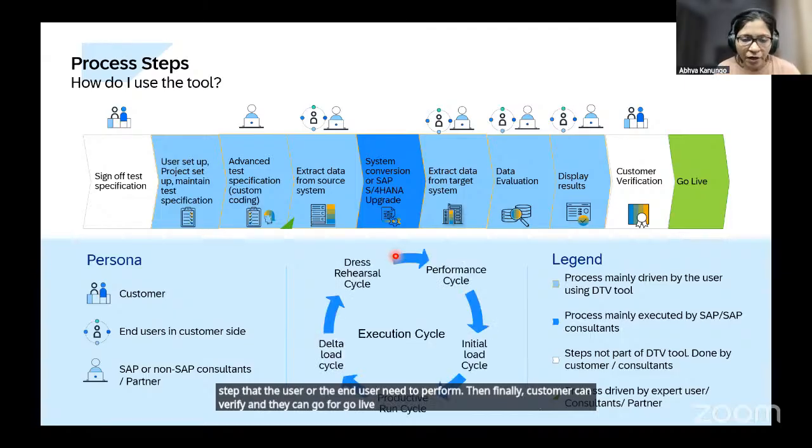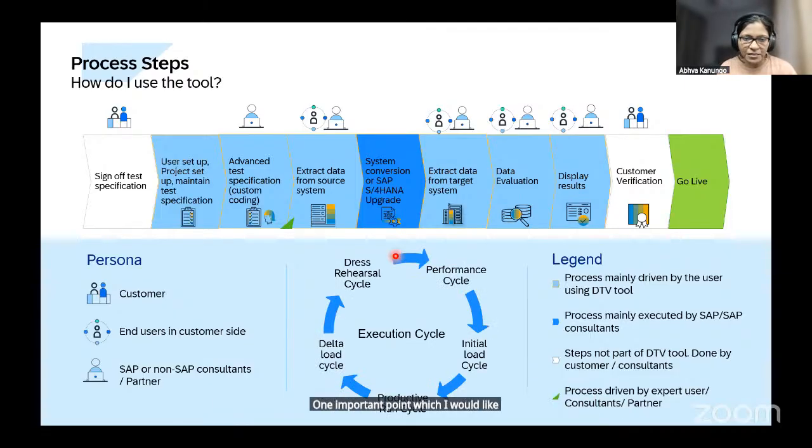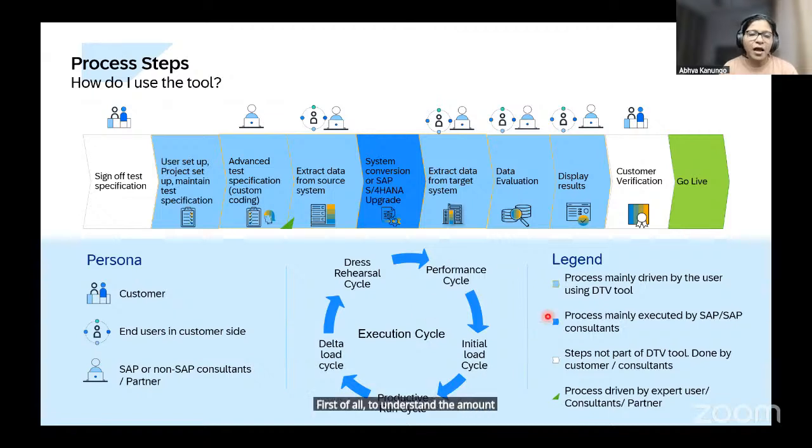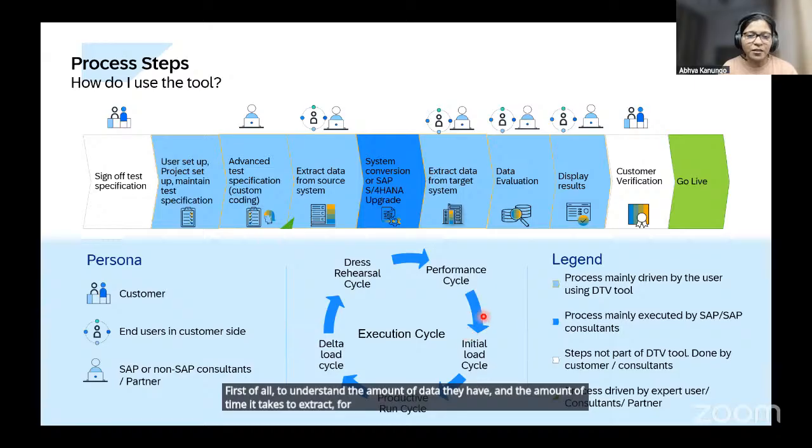One important point I would like to highlight here is the execution cycle. For every project, there will be several execution cycles, and we recommend every customer to use DTV in each and every cycle. First of all, to understand the amount of data they have and the amount of time it takes to extract, for example, to get the optimum result in the productive run cycle.